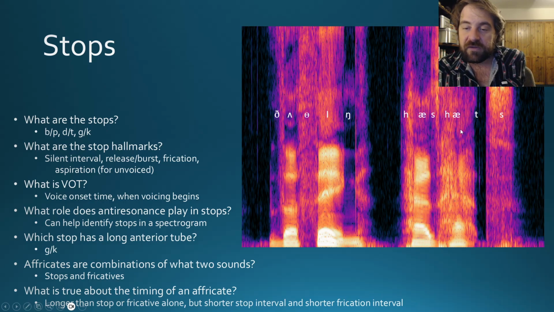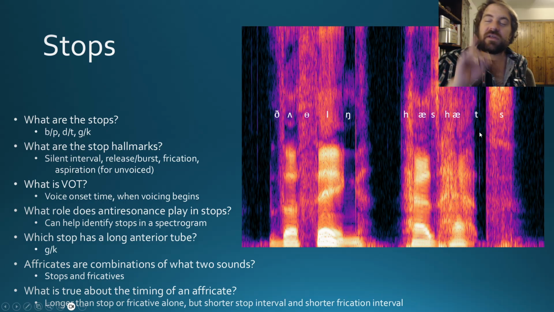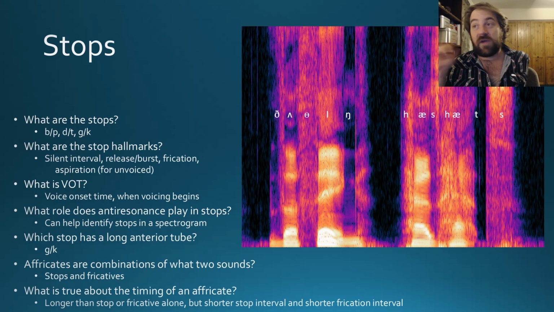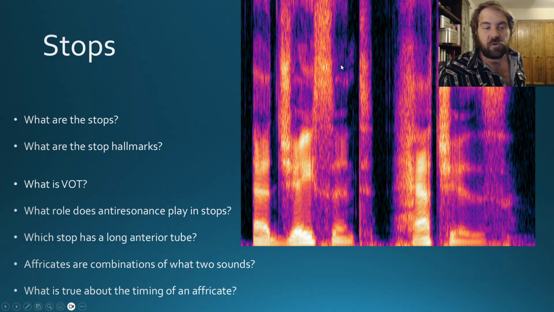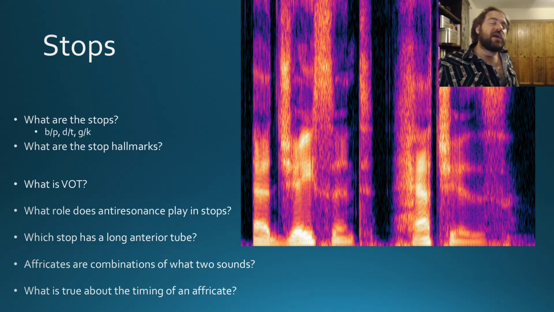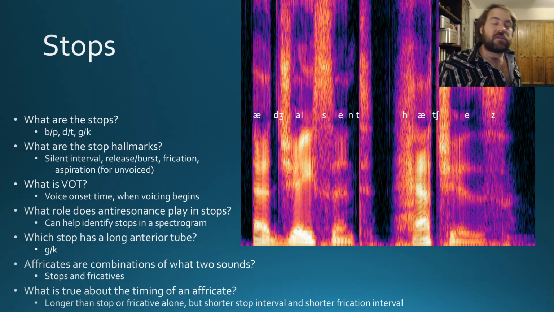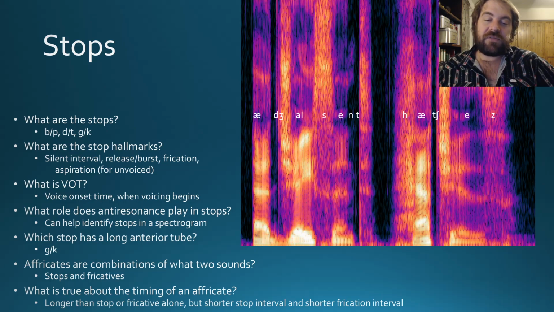Here's a T. It's difficult to see where the energy is in that T because the energy is in the same place as S. So they kind of are overlapping one another. But you can still see the stop interval and the release. Okay. And then once again, these are the same bullet points. I've just got another picture for you. This is adjacent hatches.